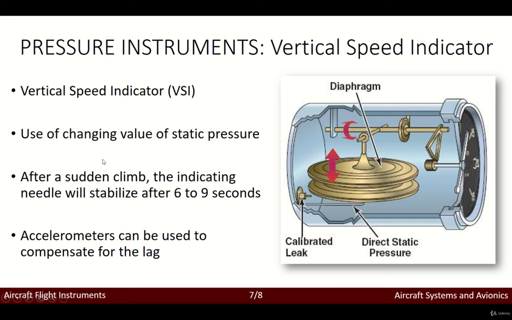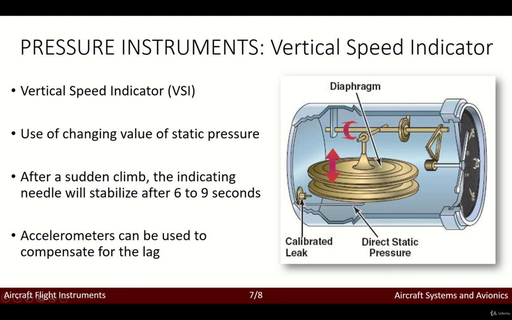What this means is that this system is probably one of the less stable that we have discussed, and the needle will start moving and will stabilize after 6 to 9 seconds. This is a problem because it means we have a lag in determining how we are climbing.